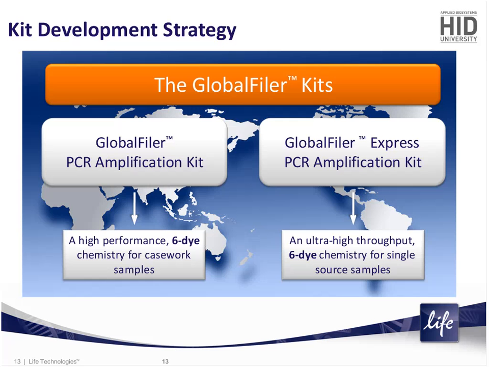So that's just one example as to why we believe it's better not to make that compromise, to take the chemistries down their specific workflow so that we can develop performance for casework and efficiency for single source. And that way, the laboratory gets absolutely the best quality result. It's true, it may take slightly longer to validate the system up front if you do have 2 chemistries to utilize.